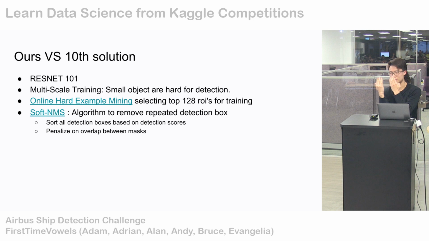Maybe the one in front gets a 0.9 score, and the one behind gets a 0.05 score. In this algorithm, they will penalize the overlap. The original algorithm penalizes the overlap between these two bounding boxes, but they changed it a little bit, so they penalize the overlap between these two masks.